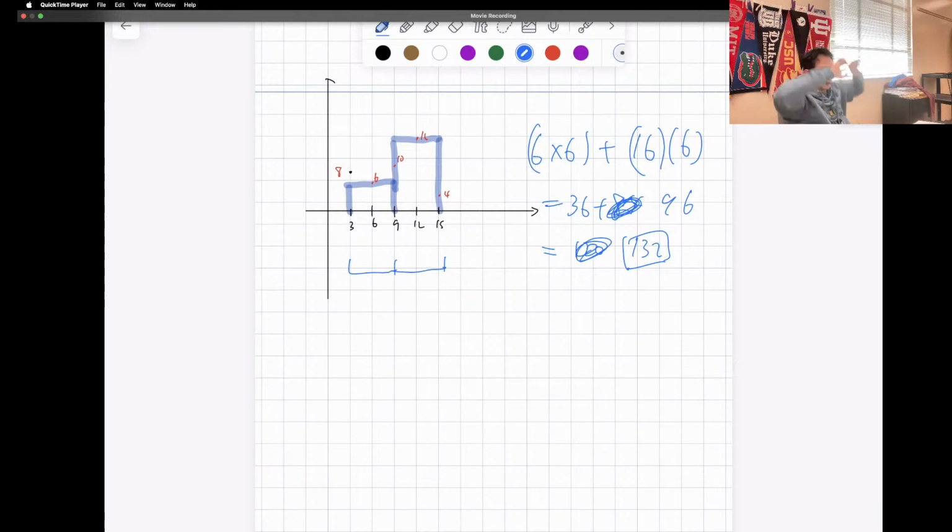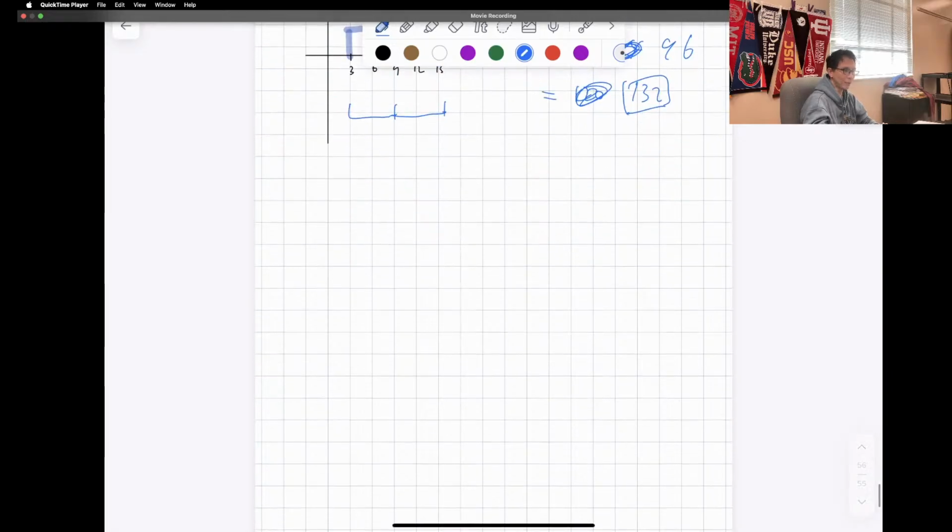Okay, so we did 4 different approximations. Now let's try a couple with irregular. Irregulars are going to be slightly different. Let's just say today I have x and f of x. Let's say x is 2, 5, 7, and 11, and f of x is 10, 4, 8, and 15, something like that.